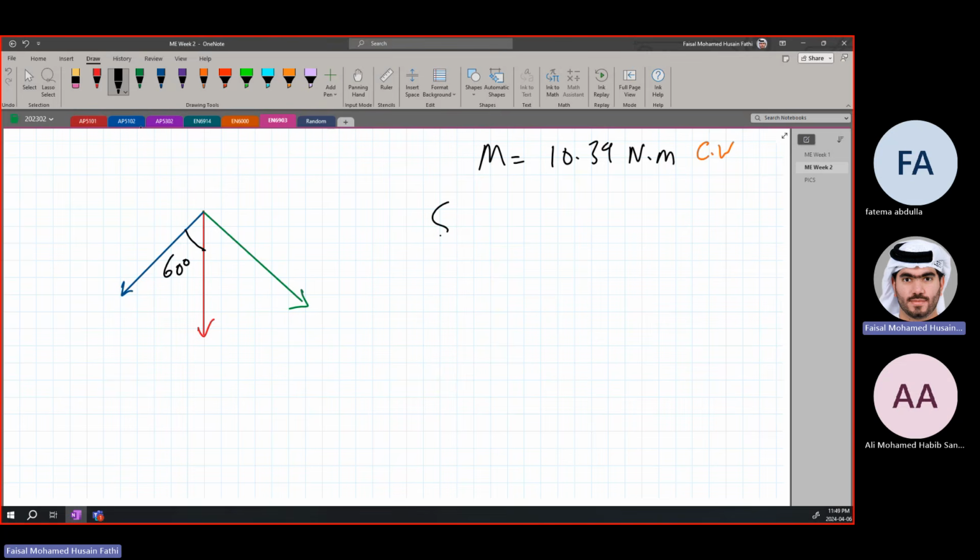So using SOH CAH TOA before, what would we do?